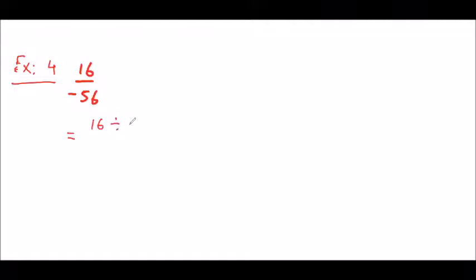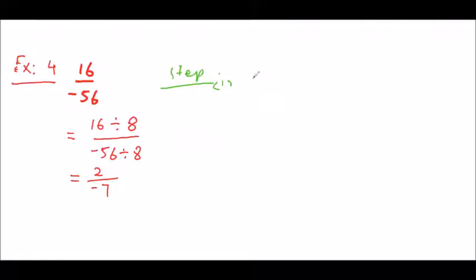I think both of these numbers can be divided by 8. 8 2s are 16 and 8 7s are 56. Now this is the first step that we have done simplification. Simplify or simplification.